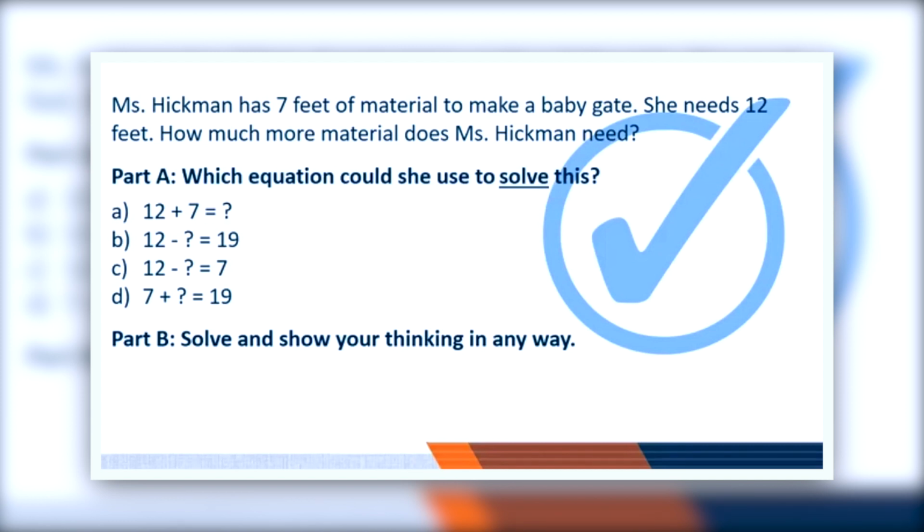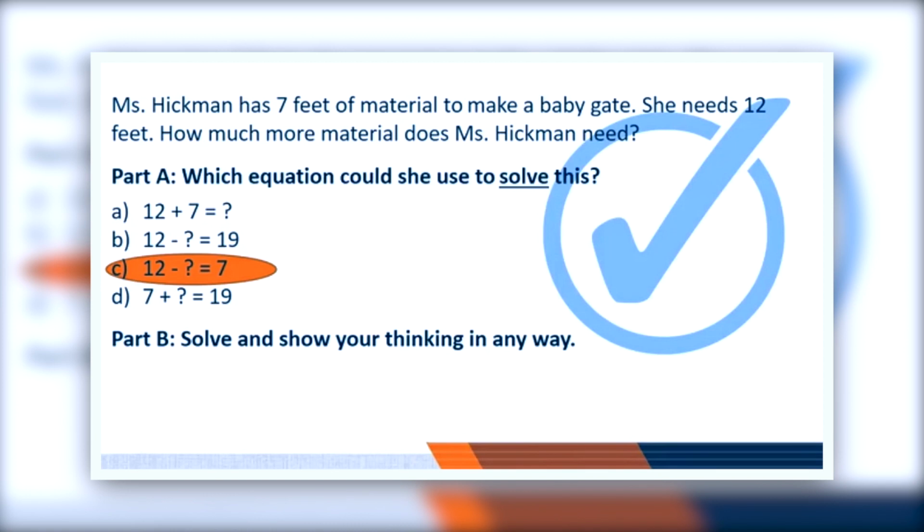Okay, let's discuss the correct answer. We are trying to figure out which equation Ms. Hickman can use to solve her problem. If you chose C, then you are correct. Awesome thinking.